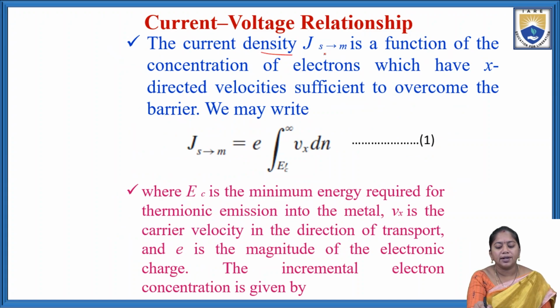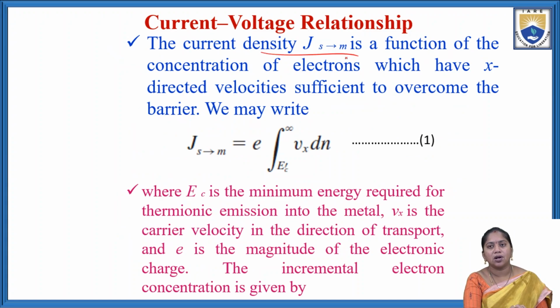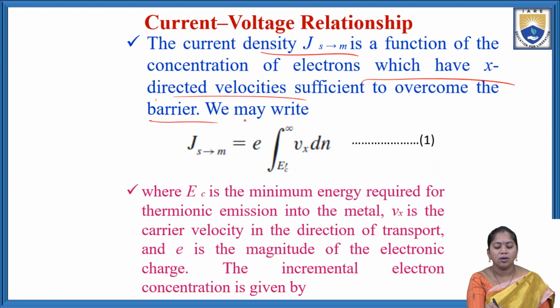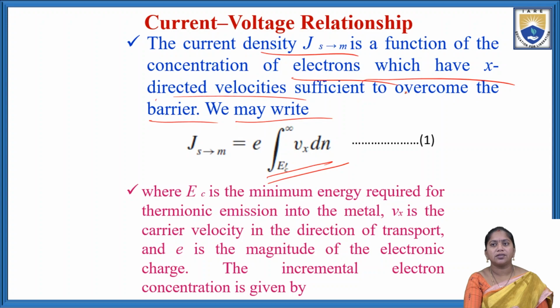The current density Js2m is a function of the concentration of electrons which have x-directed velocities sufficient to overcome the potential barrier.